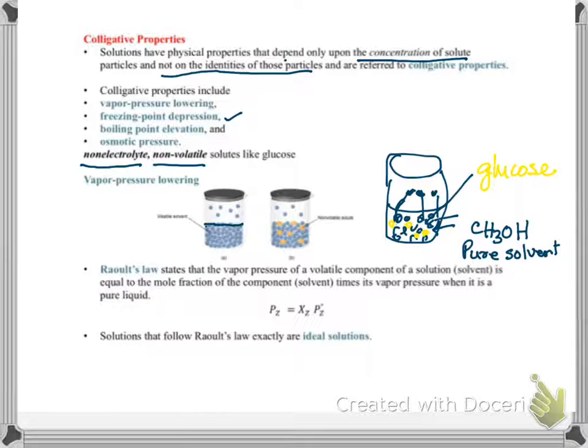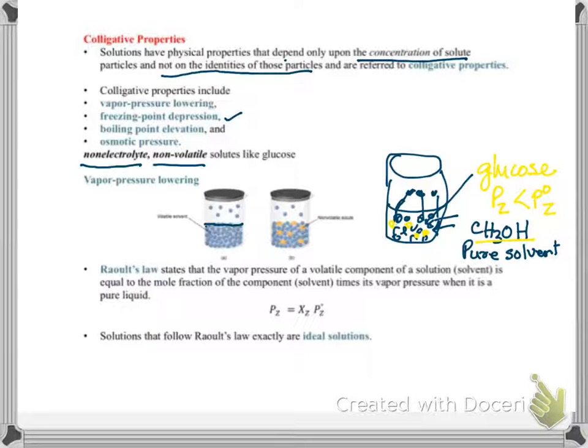These glucose particles are also creating intermolecular forces with the solvent, and it lowers the vapor pressure of the pure solvent because of these newly formed intermolecular forces. And that is why the vapor pressure of the solution is less than the vapor pressure of the pure solvent.